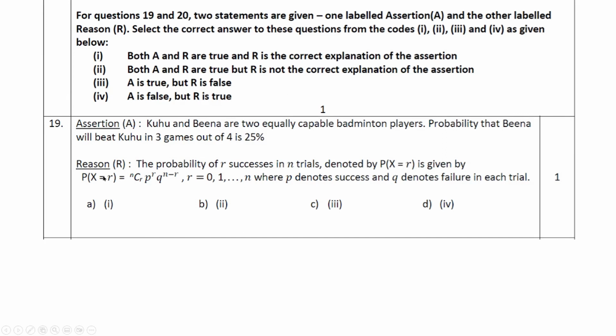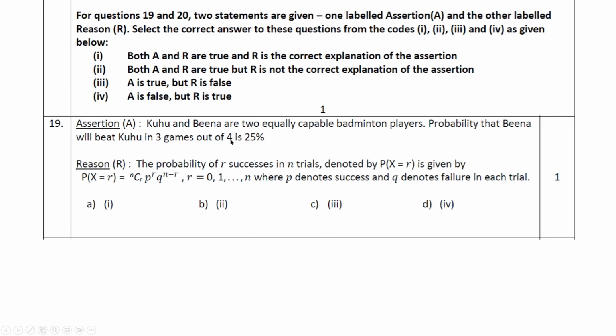The reason is the probability of R successes in n trials, denoted by probability of x equal to R, is given by NCR, P raised to R, Q raised to n minus R, where R equal to 0 to n, P denotes probability of success and Q denotes probability of failure in each trial. So here we can see that the reason is true. Now we know the formula for binomial distribution. So this is true. Now let us check whether the assertion is true or not.